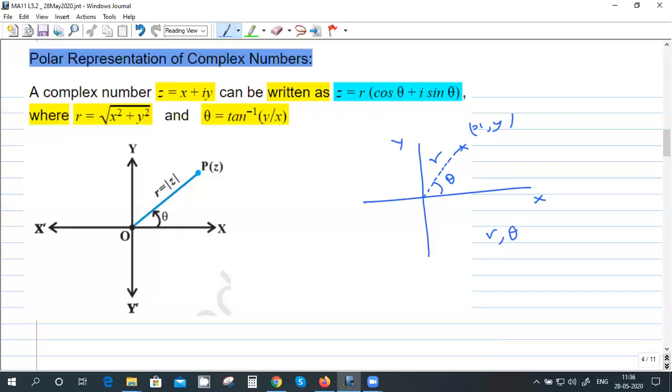A point can be represented by x and y coordinates, or I can specify the point uniquely by saying it is at distance r from the origin and makes an angle theta with the positive x-axis. So basically there are two quantities which will fix the point, either x comma y or r comma theta.